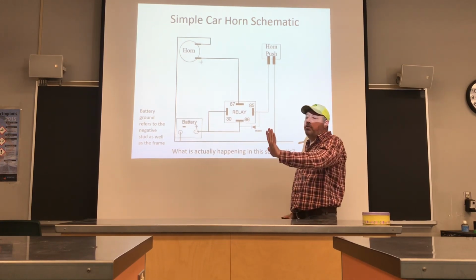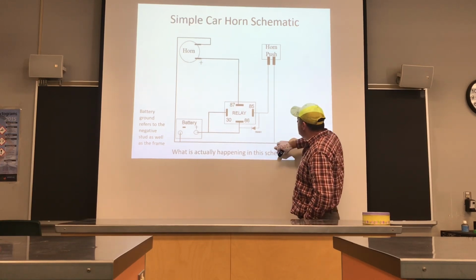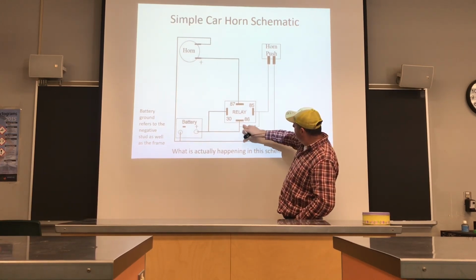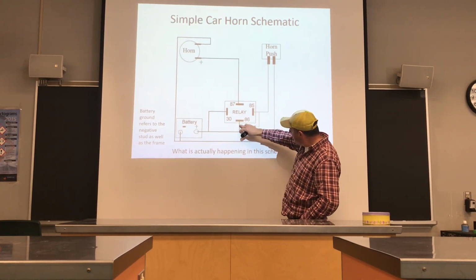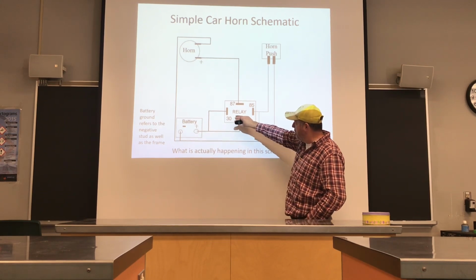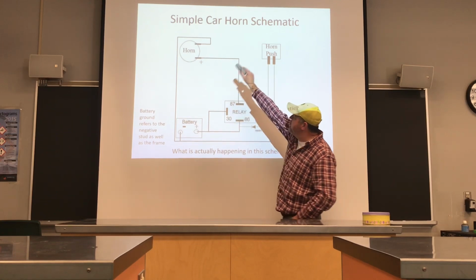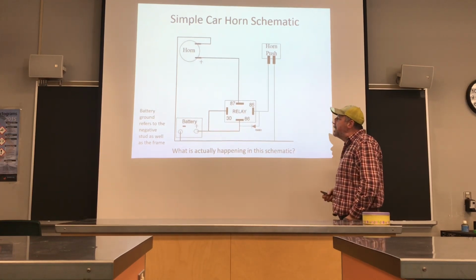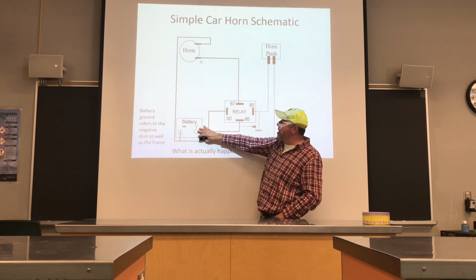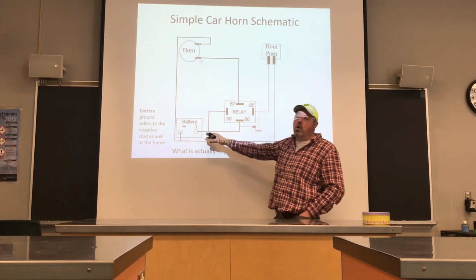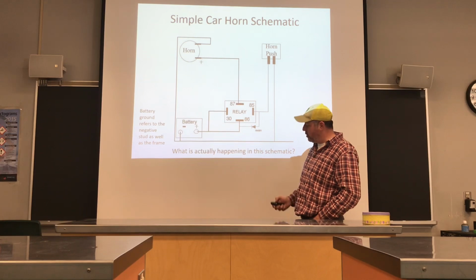So when you press the horn button, it's going to complete the ground, and as soon as we complete the ground, it's going to pull our power over and put power from pin 30 to 87, and it's going to make the horn work. If the horn didn't work, we would obviously start here and work our way through the circuit, which we'll get into in a few weeks when we start to talk about troubleshooting.